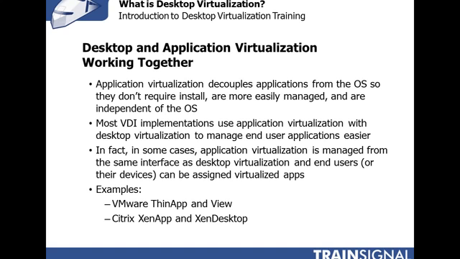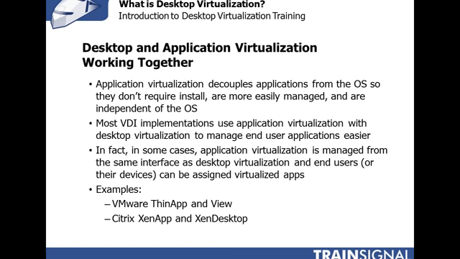Most VDI implementations today use application virtualization with desktop virtualization to make it easier to manage the end user applications. Again, that's because application virtualization separates or decouples the applications from the operating system. So suddenly you can manage the end user virtual machines in three distinct pieces: the operating systems, the applications, and the end user data.